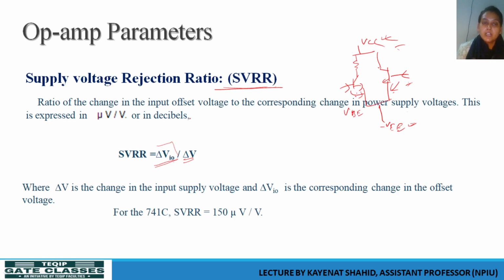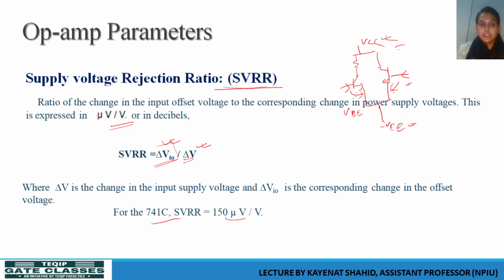So this supply voltage rejection ratio, the ratio of the change in input offset voltage due to the change in supply voltage, must be known to a user. It is in the range of microvolt per volt, and for the 741 IC it is 150 microvolt per volt.